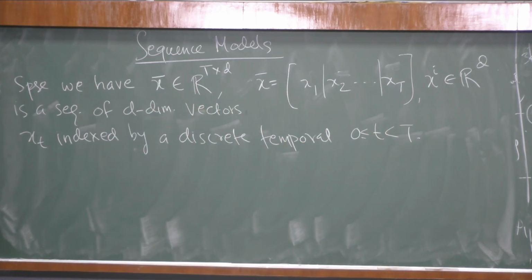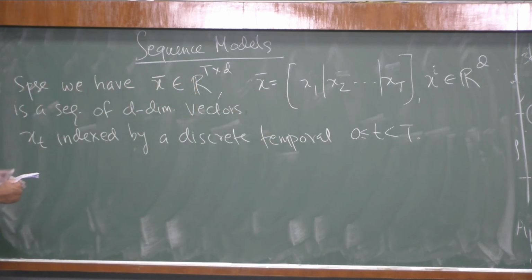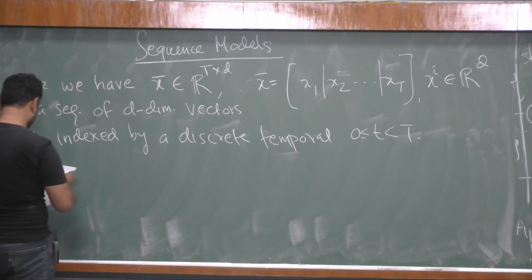So our goal is to learn a probability distribution. Not joint, let's say this is a conditional. After having observed the x1 to xt sequence, what could be the prediction for the next?